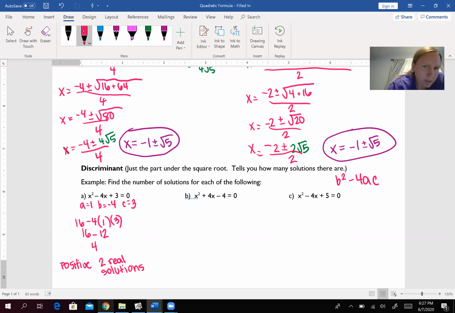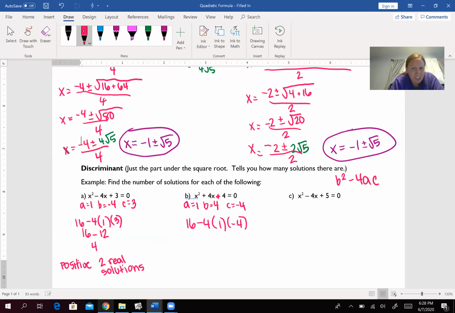For the next one, our a is 1, our b is 4, and our c is negative 4. So our discriminant would be b squared, so 16, minus 4 times 1 times negative 4. And this one, I can tell you this was supposed to be a plus.